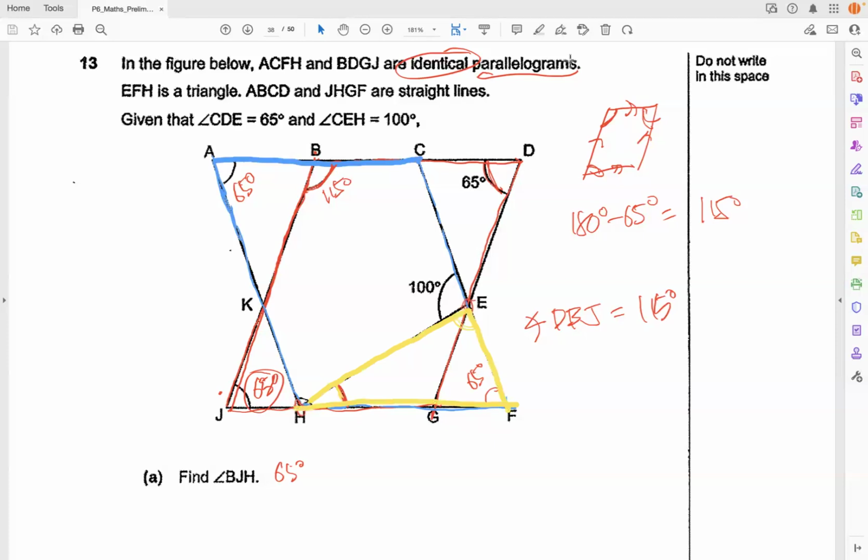That will give you 180 minus 100, 80 degrees. So this is 80 degrees. So this angle will be equal to 180, because angles in the triangle add up to 180. 180 minus 80 minus 65. And you get 35 degrees. So this angle is 35 degrees.